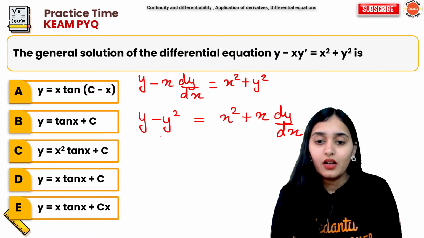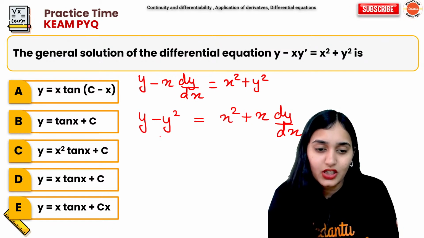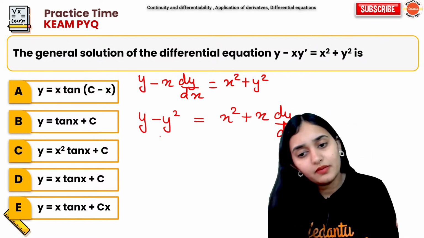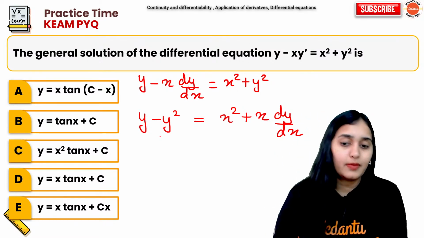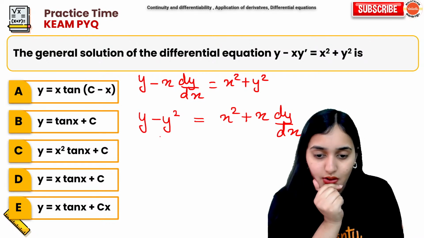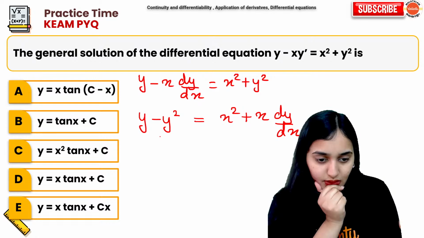Or can we solve it by linear differential equation? No. Can we solve it by homogeneous differential equation? No. Let's try variable separation only. Okay. So how can we put dx here and dy here?